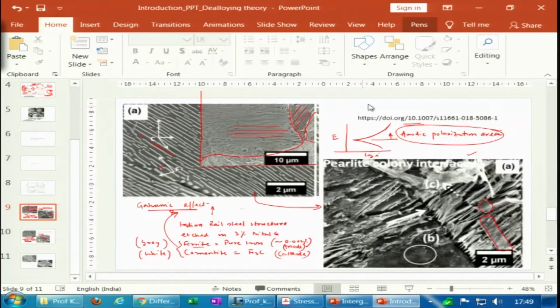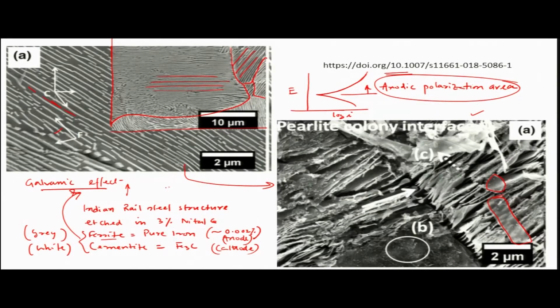For example, here, selective leaching of ferrite takes place, or dealloying of ferrite takes place.